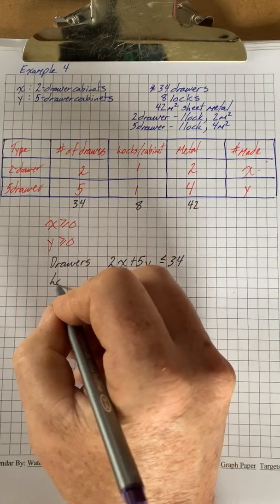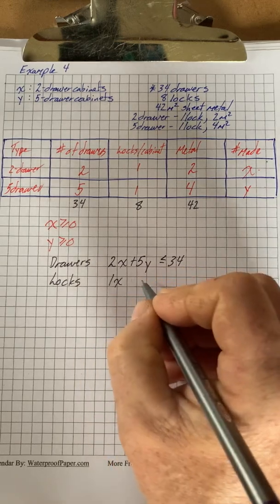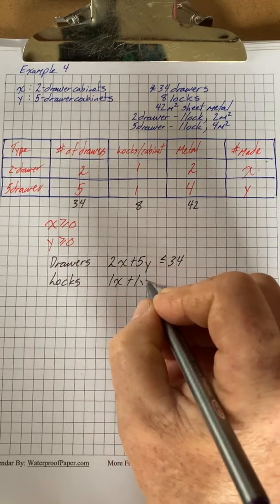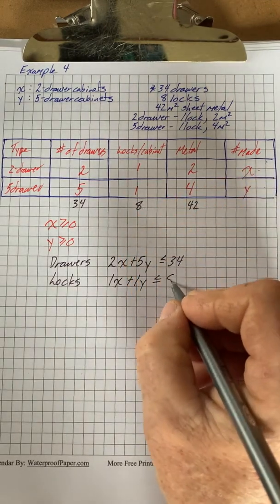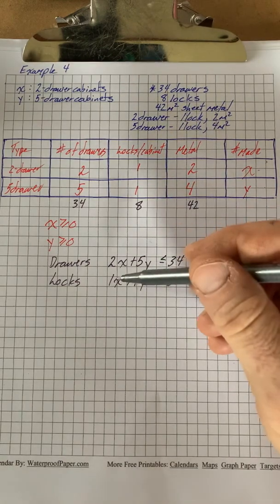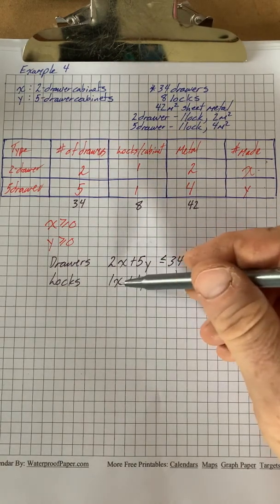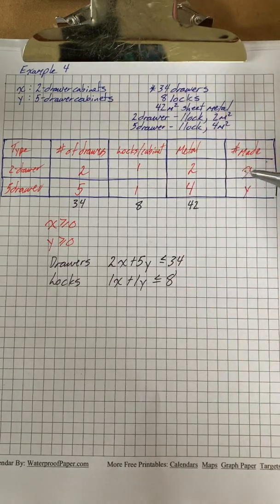Locks, 1x plus 1y less than or equal to 8. And I know somebody in your class would ask this question, so I'm going to say it. No, you don't need to write the 1 in front of the x and the y. I'm doing that for the purpose of writing the constraints right now.